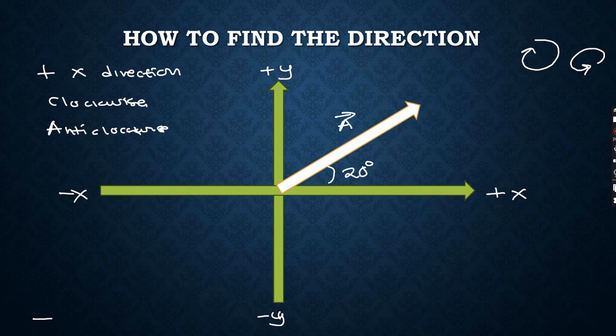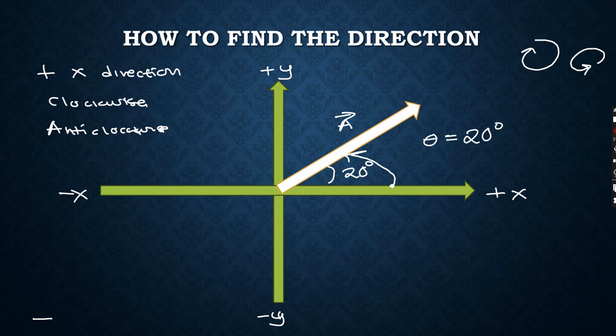So we start from our positive x direction until we reach where the vector is. First, you are going to move anti-clockwise. So we reach where the vector is. As you can see, from here to here, we just have 20 degrees. So in this case, the direction is just 20 degrees.